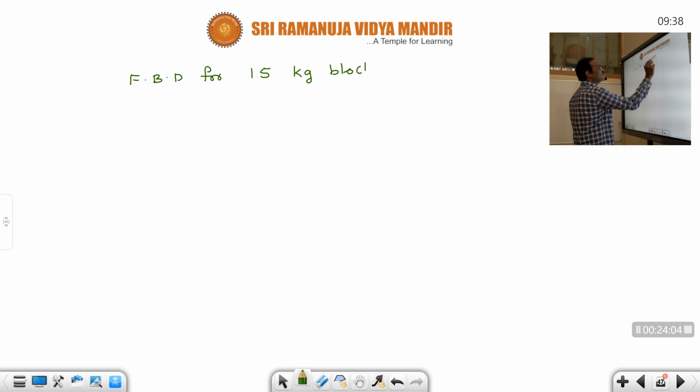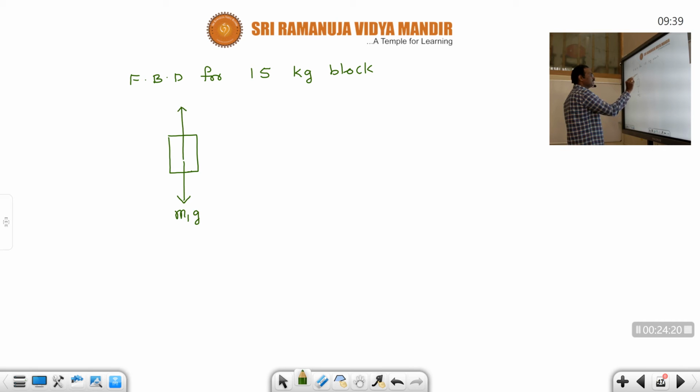If you consider the free body diagram of the 15 kg block, the weight of the block, that is m1g, where this is m1, acts in the downward direction, and the tension T1 acts in the upward direction. The acceleration will be in the downward direction.